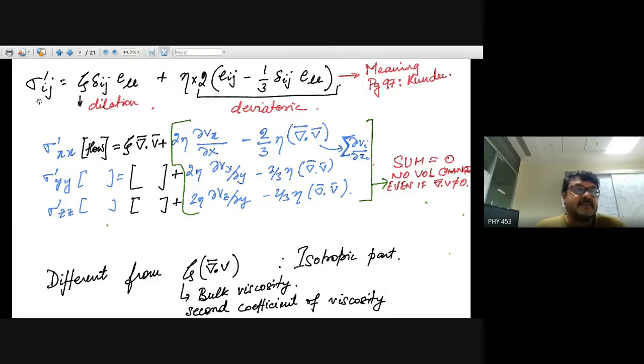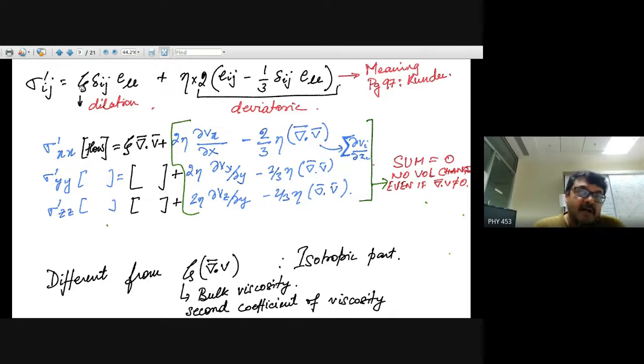So basically, the sigma dash ij can be written down just as the strain terms could be written down into two parts, one related to volume change, the other related to all sorts of velocity gradients which is not related to volume change, which was called the deviatoric strain tensor, right?